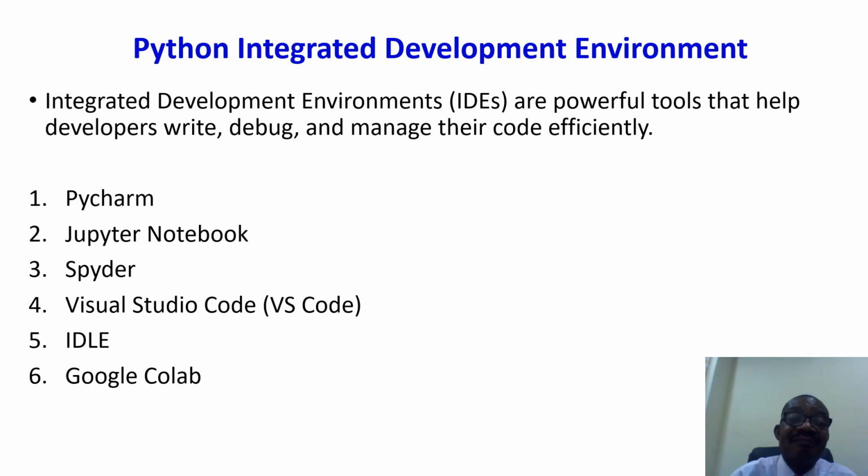Some of the most popular Python integrated development environment platforms include PyCharm, Jupyter Notebook, Spyder, Visual Studio Code, IDLE, and Google Colab. So any of these IDEs, when you install them on your computer, you can use to write your Python program. I preferably use Spyder most often, or the Jupyter Notebook.